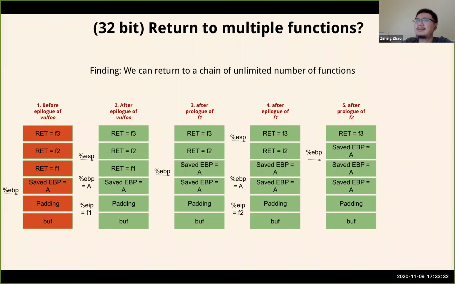Later, another HCCS paper proposed that we can also utilize code sequences ending with a jump instruction. They call that jump-oriented attack, but they can be combined together. With the help of ROP, attackers have the ability to chain an unlimited number of code gadgets together and do arbitrary computation, whatever they want.